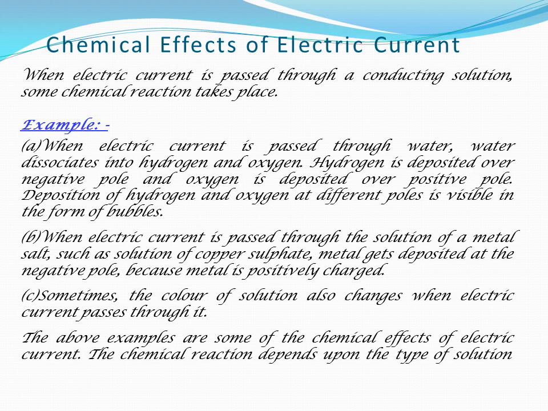Sometimes the color of the solution also changes when electric current passes through it, and the color may change from blue after the chemical effect. The above three examples are some of the chemical effects of electric current, but they depend upon the type of solution.